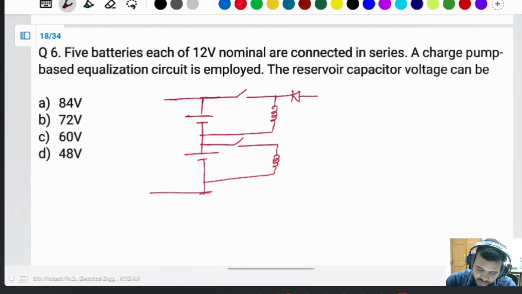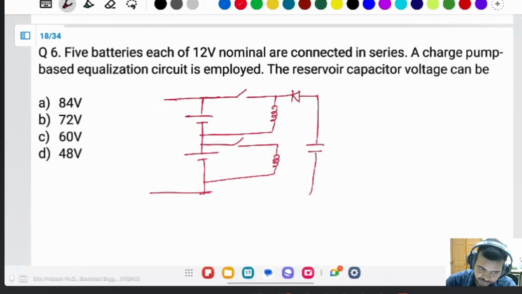A capacitor is connected as well. You can see V1, V2. This one is the high one. When the switch is on, the inductor will be charged. Then when the switch is off, the inductor will be discharged through this capacitor.